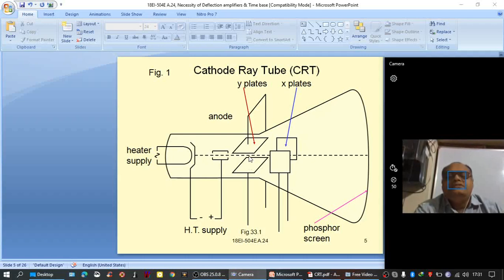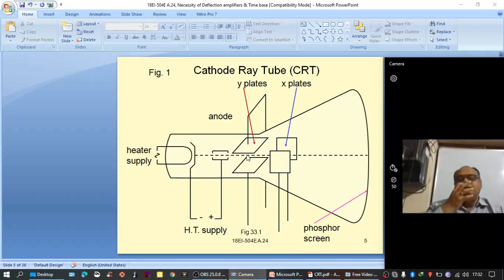So what happens in one full cycle is, during the positive half cycle, the electron beam moves gradually towards the upper plate and moves back to the center. During the negative half cycle, the electron beam gradually starts moving towards the lower plate and then comes back to the center.